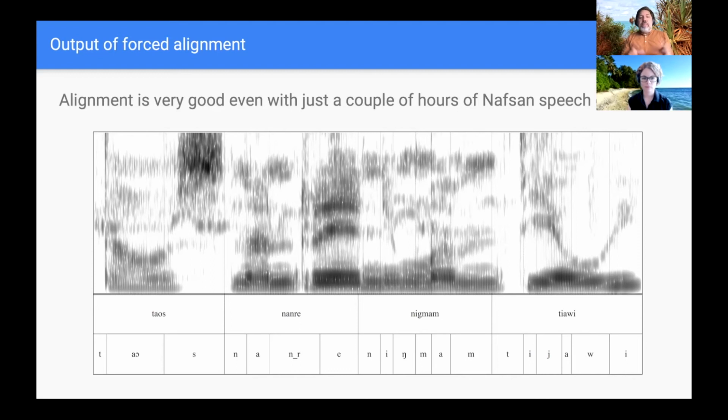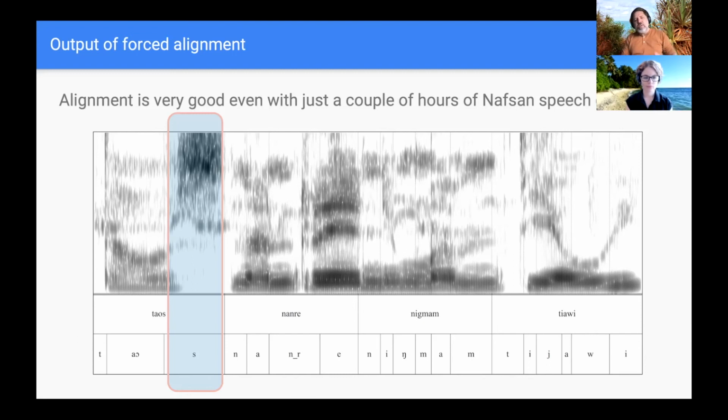And just to give you a bit of an idea of the output, the alignment is really good, even with just a couple of hours of sound speech. So I'll just draw your attention, for those who aren't familiar with the spectrogram here. We have an S in this first word with a lot of high frequency information.